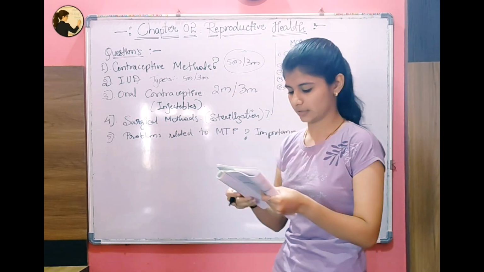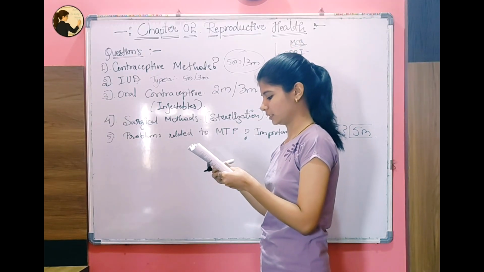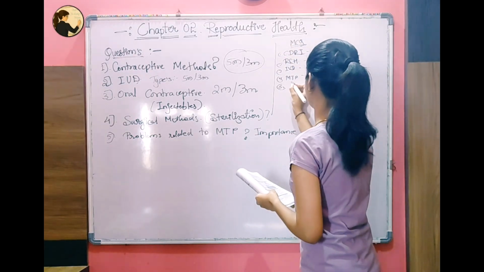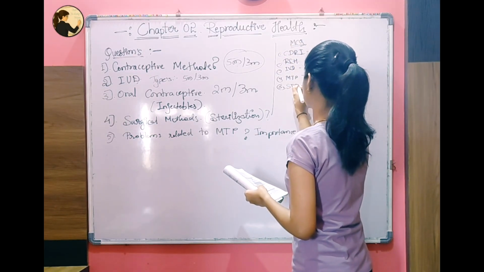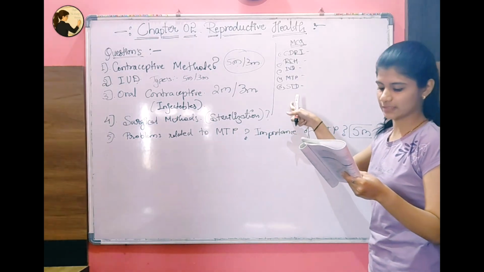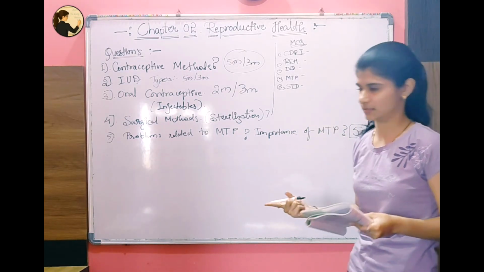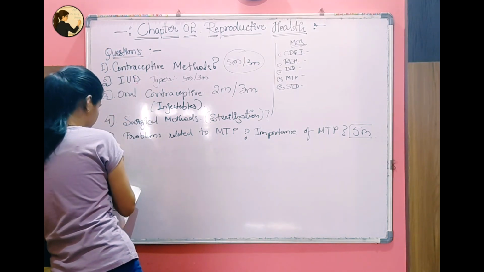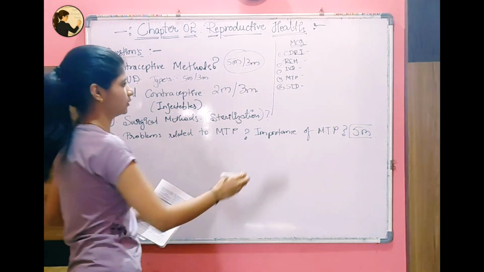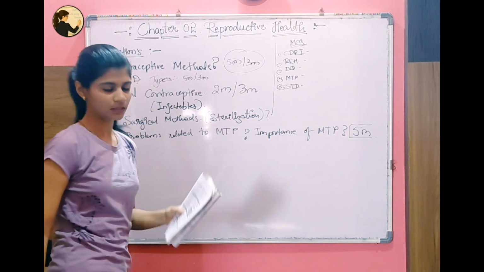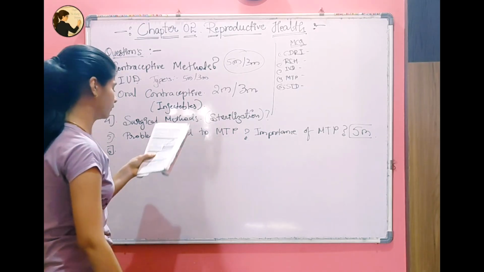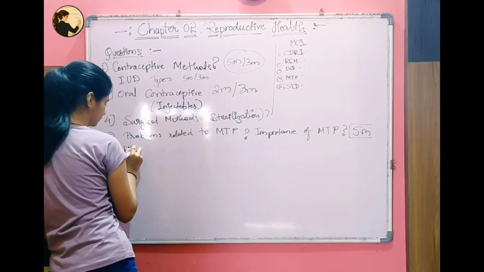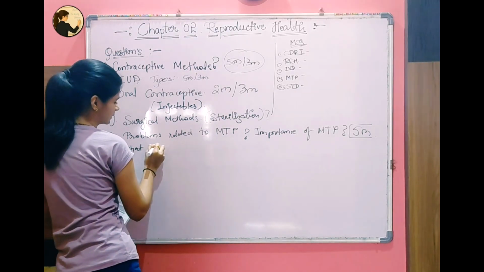Then the next question is of STDs. Now, what is the full form of STD? Sexually transmitted diseases. So the 6th question, here are a total of 5 so far, will be: what is STD?